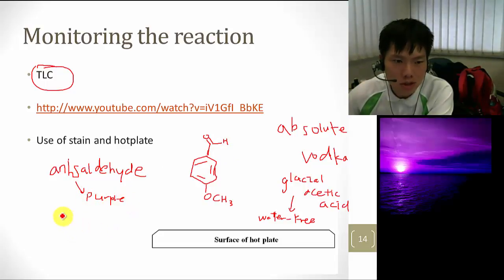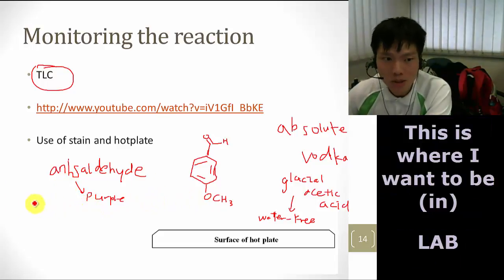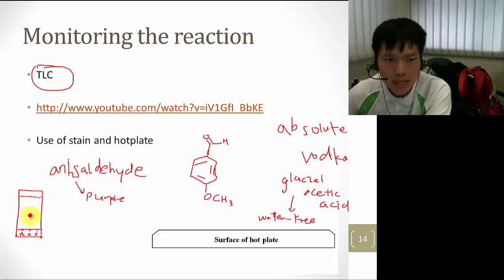So what you do is you dip your TLC plate inside the anisaldehyde stain after putting the spots. So this is your TLC plate. Draw a line using pencil, spot the sample, the reaction mixture, a co-spot, and your starting material. Once you spot it, run it up first. Of course you're going to stop at some point, take it out, dip into the stain.